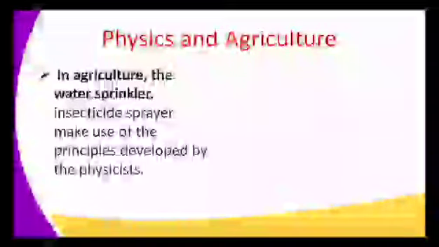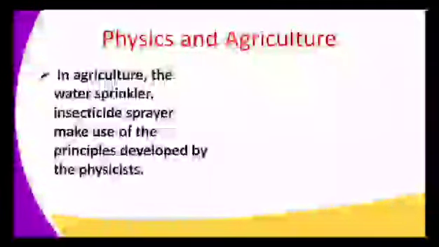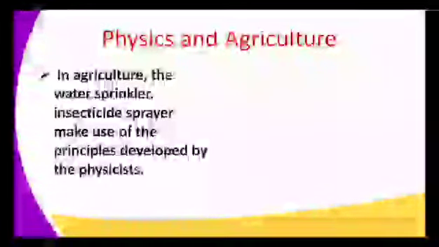We will base our explanation on the instruments used in agriculture as a field. This is how these two relate. In agriculture, the water sprinkler and insecticide sprayer make use of the principles developed by the physicists. If you want to use the water sprinkler or the insect sprayer, for them to work, you have to use the principles developed in physics.